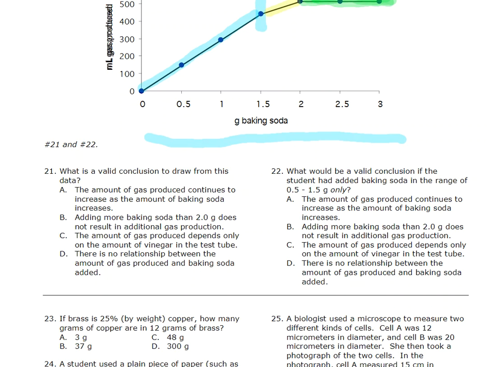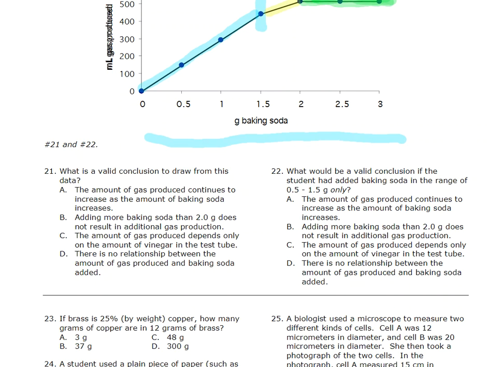We may need to repeat the experiment with a larger amount of vinegar in the test tubes and make sure that the baking soda remains the limiting factor. But it looks like we ran out of vinegar to react, and that was what caused the slowdown. But we can't make that conclusion definitively until we repeat the experiment with excess vinegar.